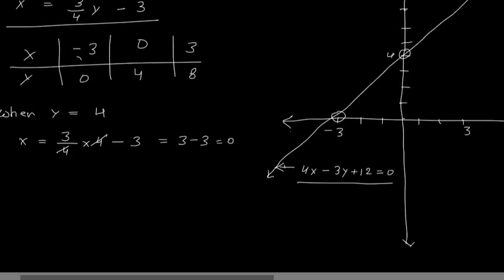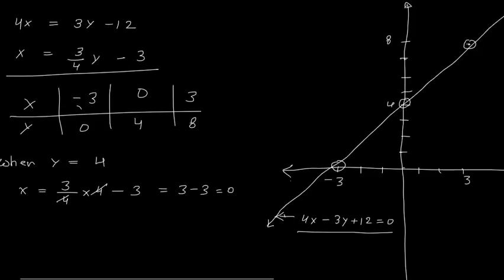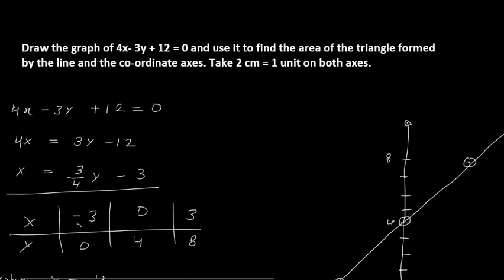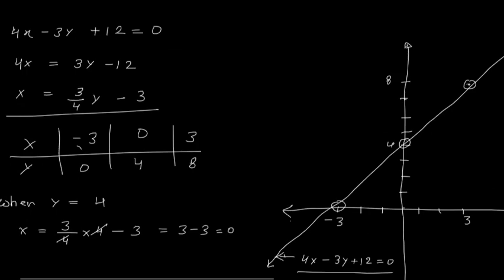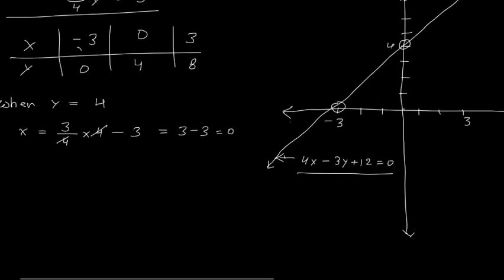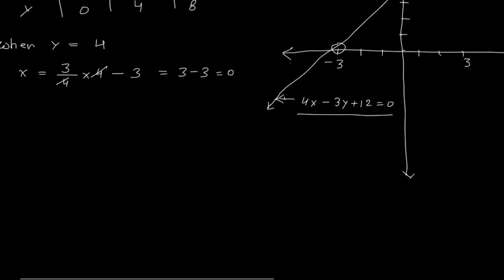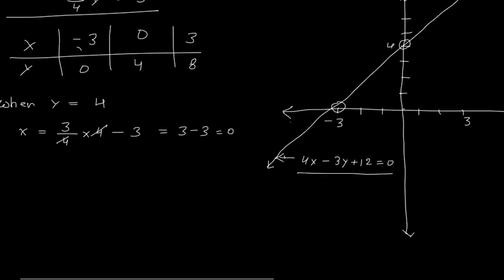Now let us move to the fifth problem. Wait, before we move further, we have to find area formed by this line and the coordinate axis. So here we can say that we mark these points. This is O. Let us take this as A and this as B. So the value of OB is 3 unit.